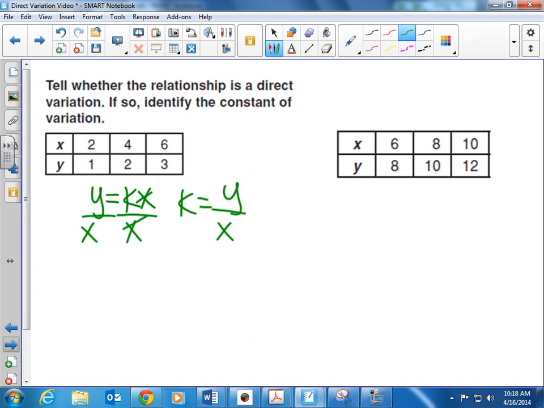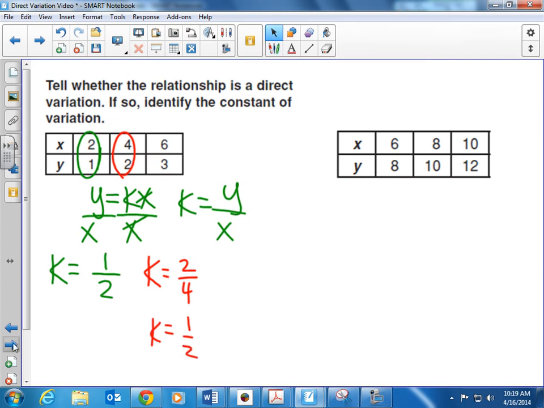So let's look at the first ordered pair, which is right here, 2, 1. The constant of variation there would be the y, which is 1, over the x, which is 2. Let's look at the next ordered pair in my table. If I search for the constant of variation in that ordered pair, y over x, 2/4, well, what does 2/4 equal? 1/2. All right, let's look at the last ordered pair, 6, 3.